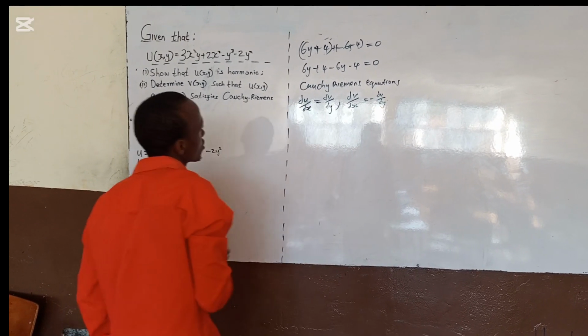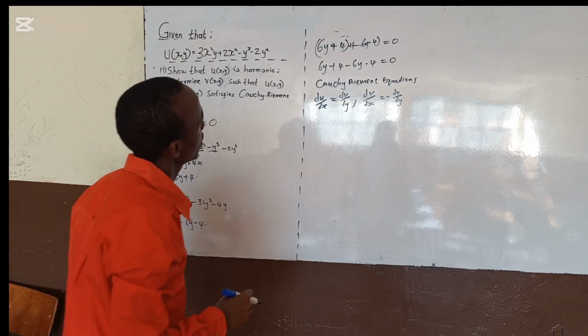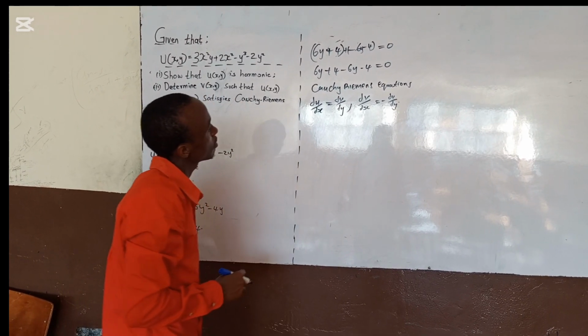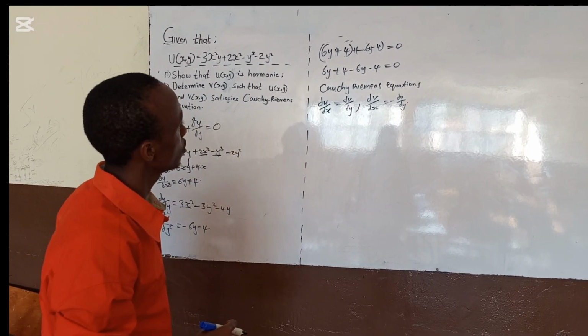These are the Cauchy-Riemann equations. There are two.